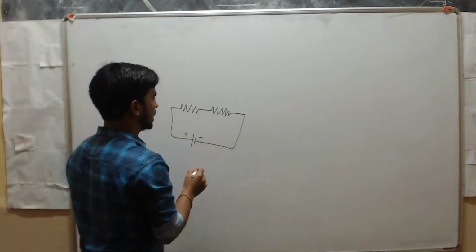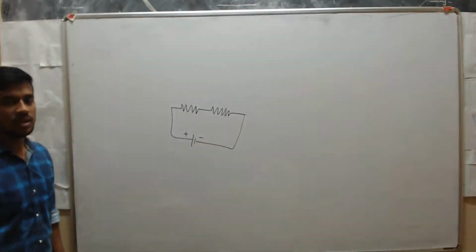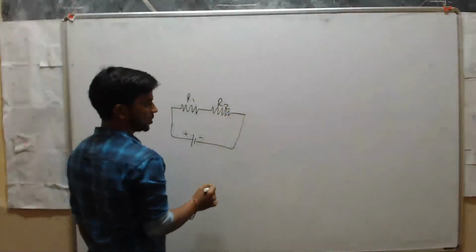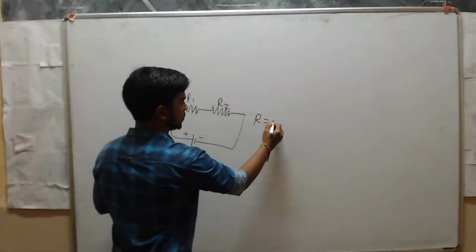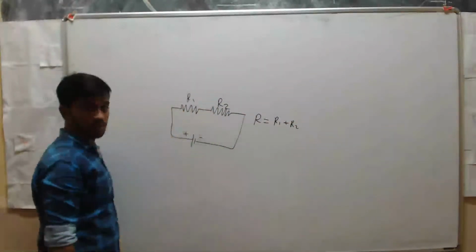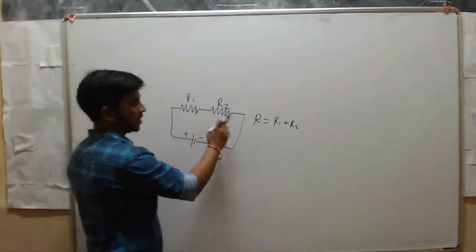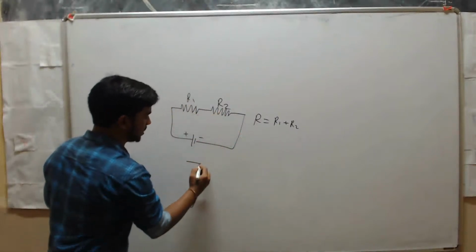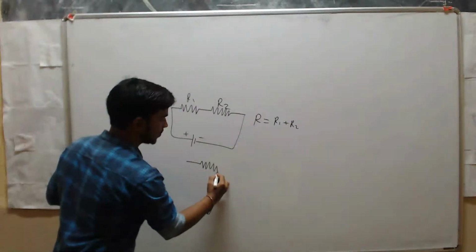I'll ask you to calculate the total resistance. I will call this R1 and this R2. The total resistance, we know the formula, is R equals R1 plus R2. These two resistors are in series, right? So when you add R1 and R2, you get R, which means at last you make these two resistors as one resistor.